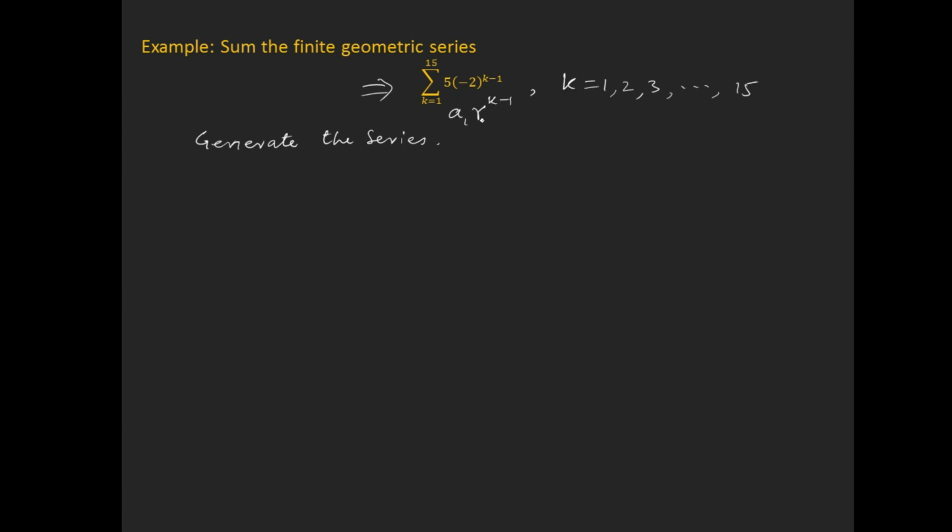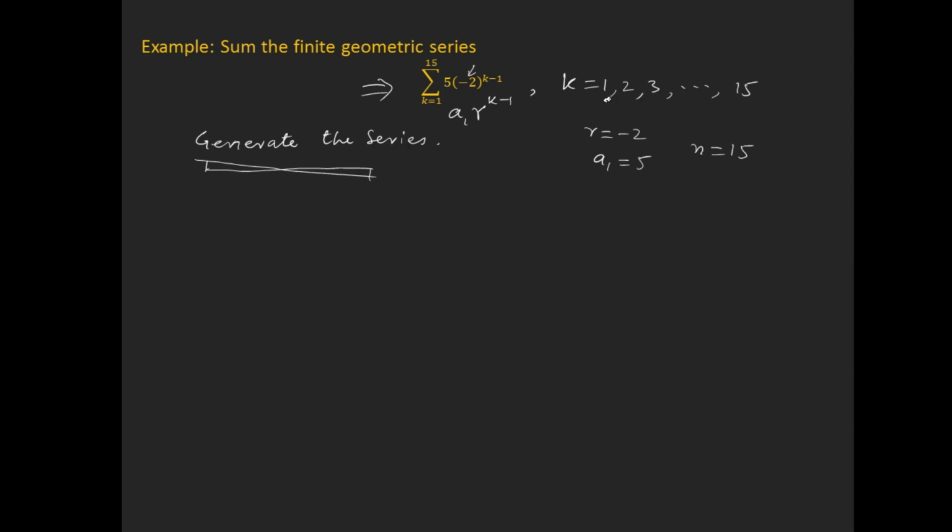So this is basically r. So r is equal to minus 2, and the first term is 5. And what is n? n is 15.